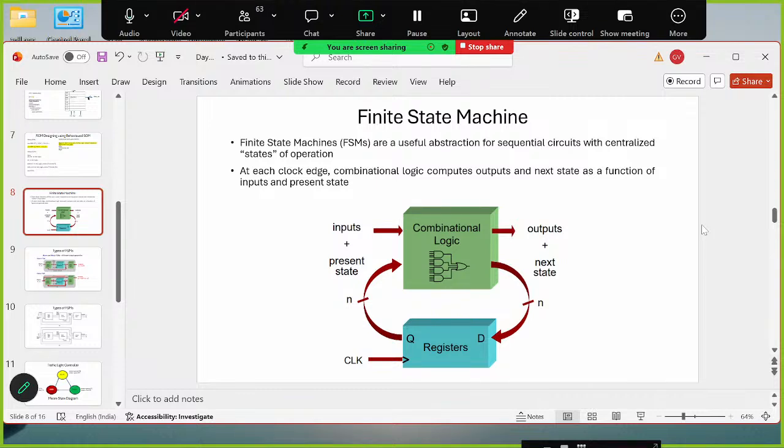Just like in a counter, if you remember, suppose we have to design an up counter. In the up counter, your present state is 0, 0, 0, but there are no inputs. Your next state depends upon the present state. If the present state is 0, 0, 0, then the next state should be 0, 0, 1, and that 0, 0, 1 becomes the present state in the next clock cycle.